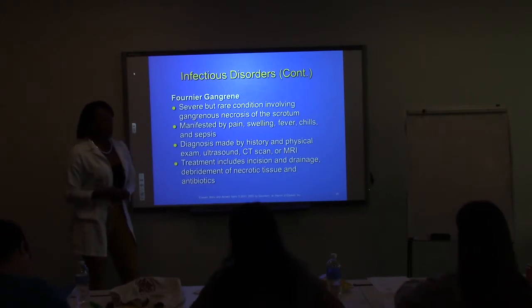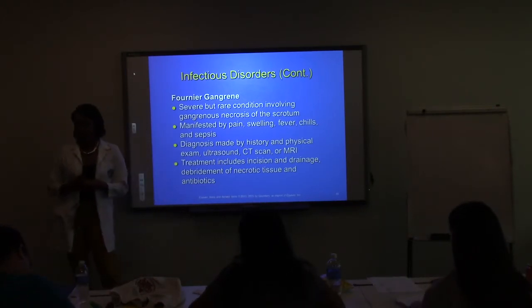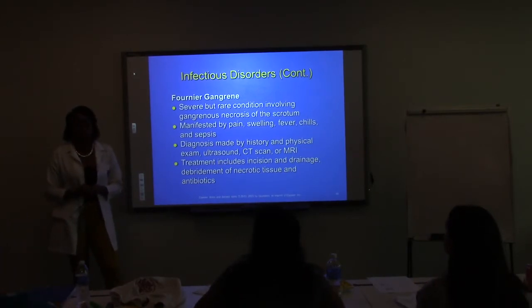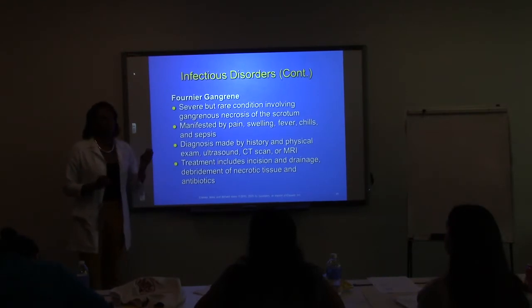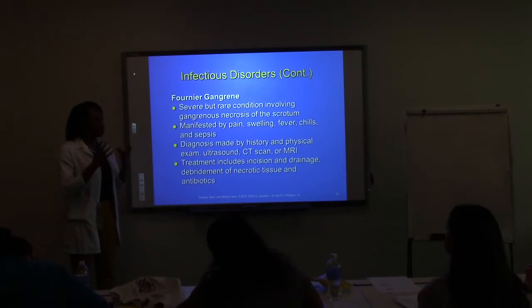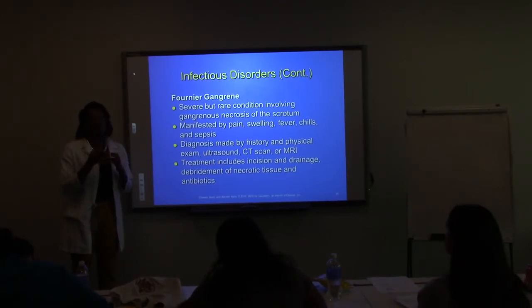Now, this next one here is called Fournier's gangrene. It's telling you in the name, this is a gangrene, so you know what's going on. This is a severe situation where the scrotum itself will definitely become gangrenous. Now, this is a rare condition.